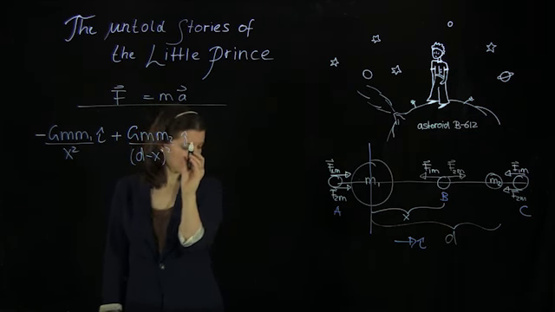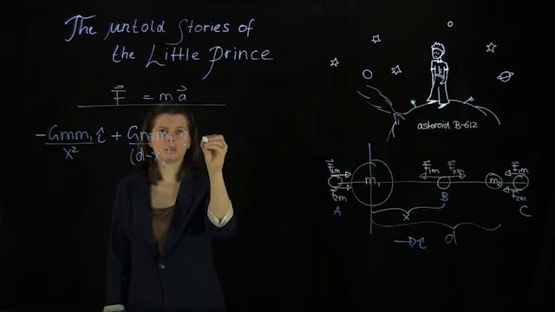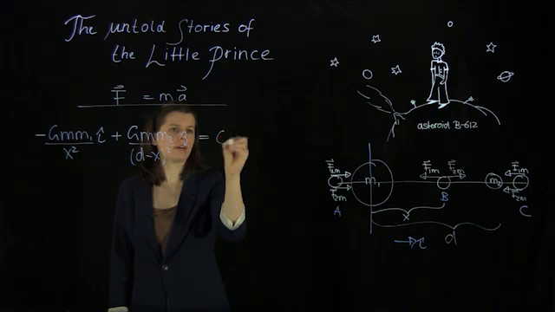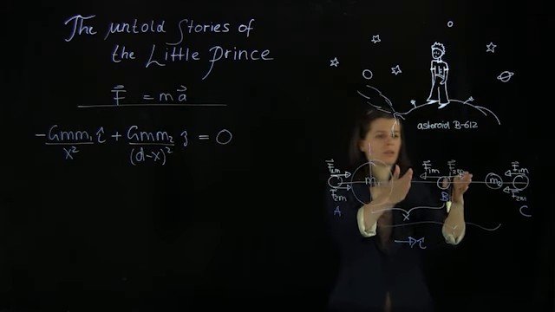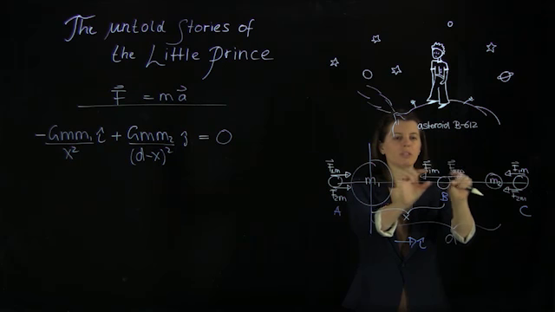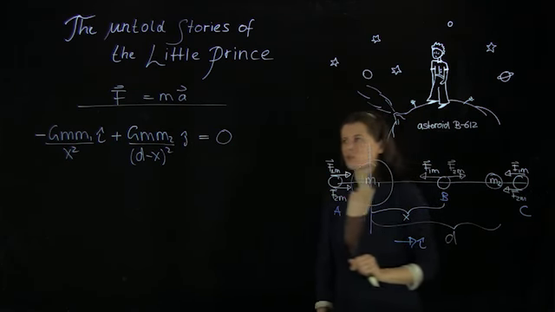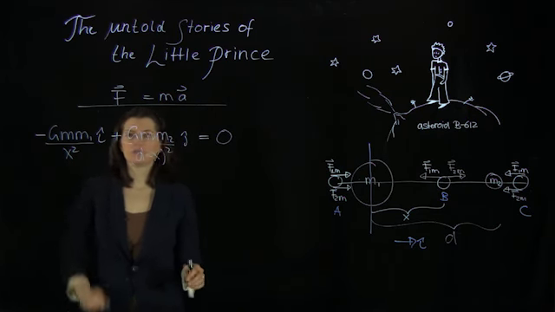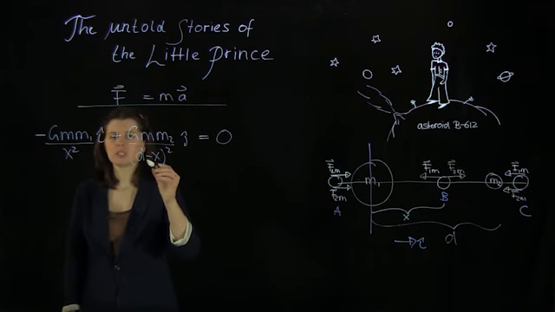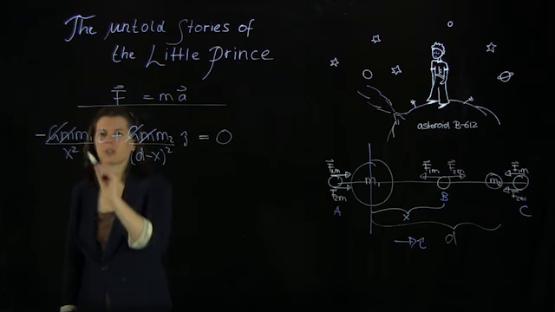And that needs to add up to 0, because that is what we want, right? We want this to, if it adds up to 0, then we have no gravitational forces acting on the asteroid. So now we need to solve this for x here. And in the first step, we see that actually G and m will fall out here.